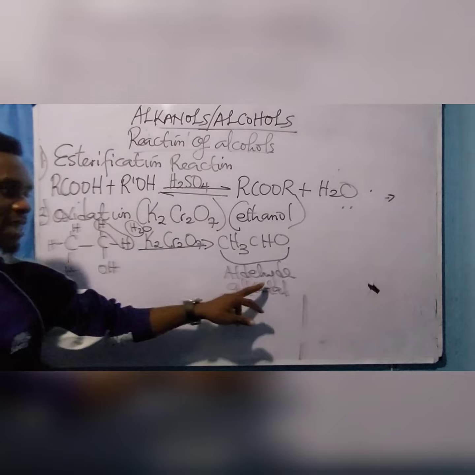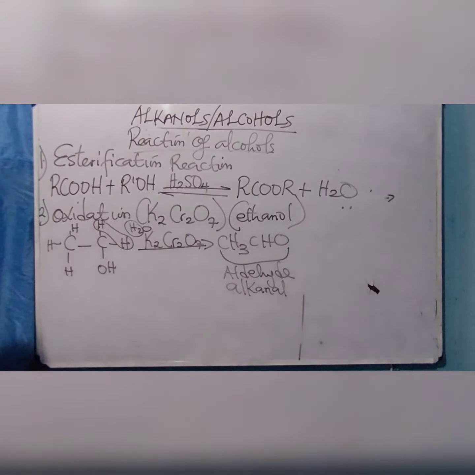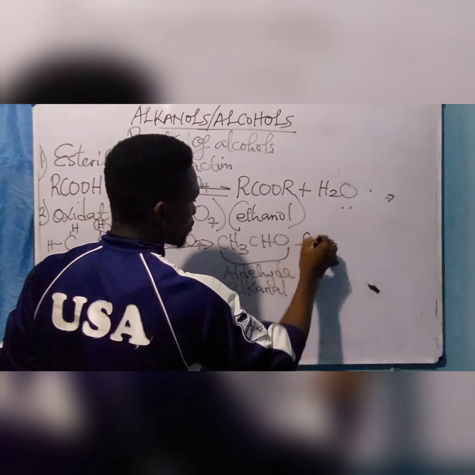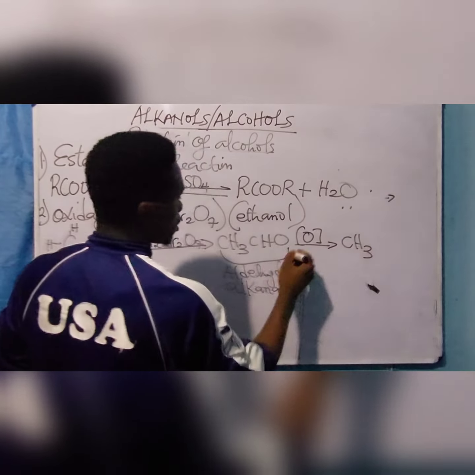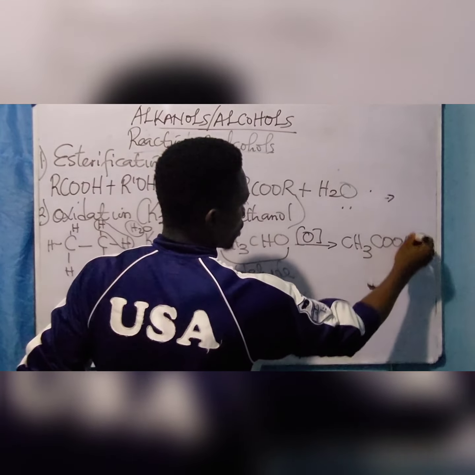So the partial or incomplete oxidation of primary alcohol produces an aldehyde or alkanal, while the complete oxidation produces alkanoic acid. So if I add oxygen now, it becomes CH3COOH, alright?